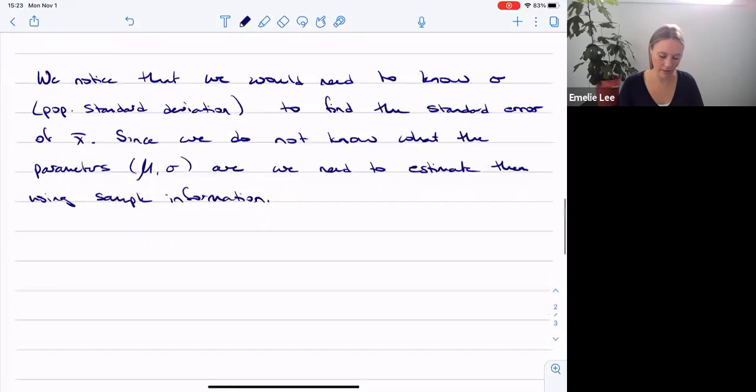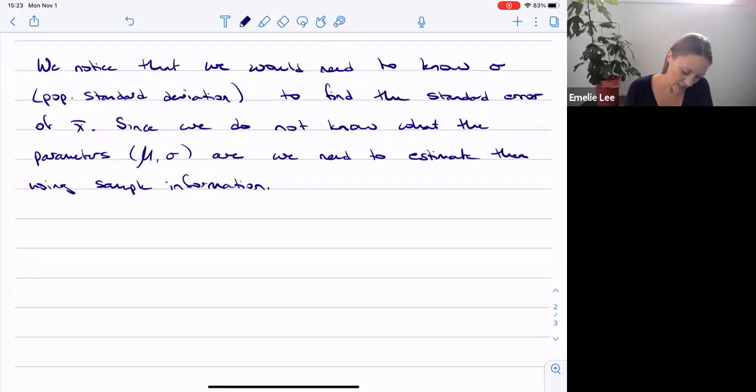Okay. So what we get is this X bar plus or minus, and I'm going to leave it as just a critical value here. Maybe I won't do this quite yet, because we need to talk about the t distribution, right? And so what we do is we replace the population standard deviation with the sample standard deviation.